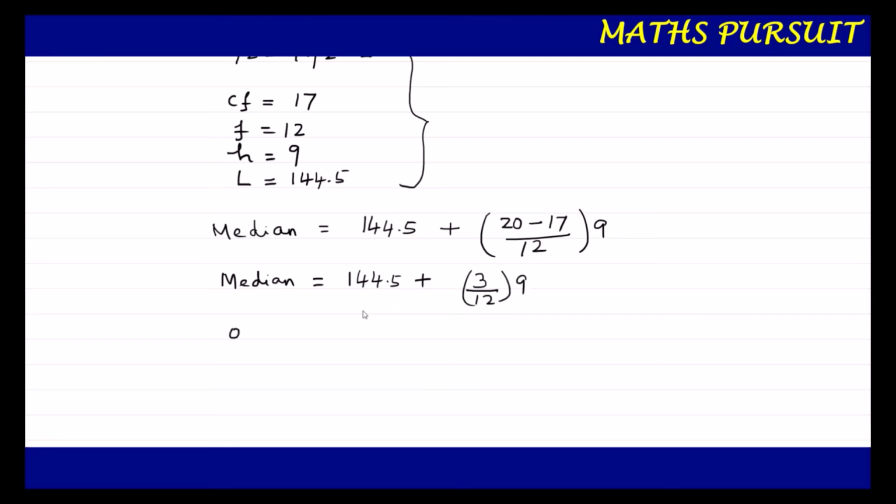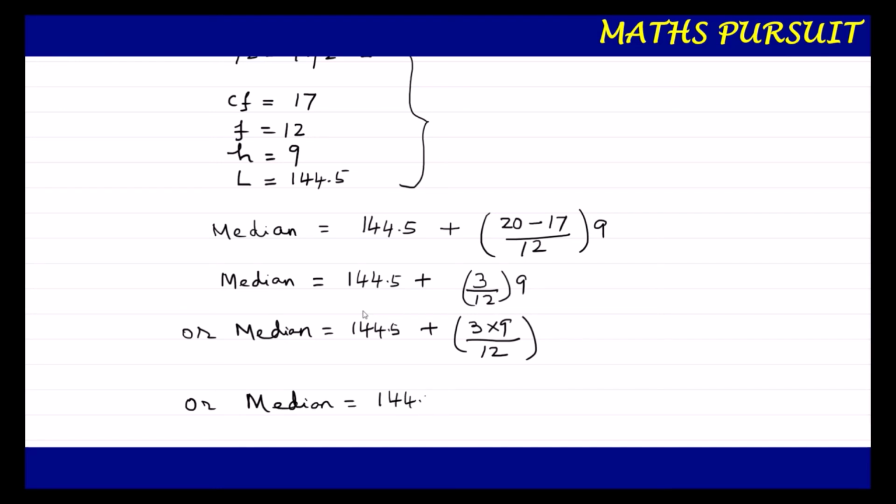Or I can write median is equal to 144.5 plus 3 into 9 upon 12. Or median is equal to 144.5 plus 27 upon 12.